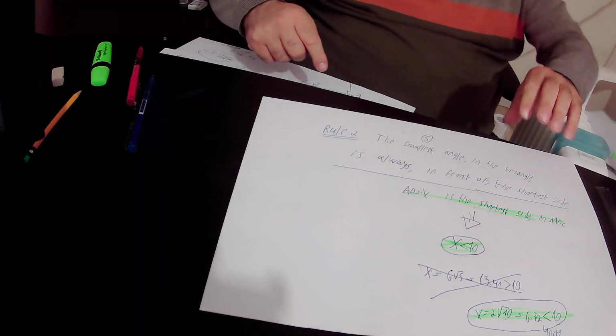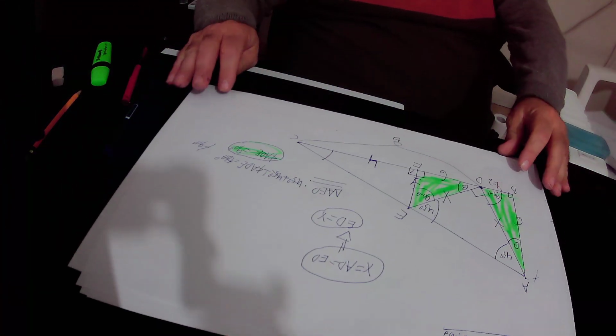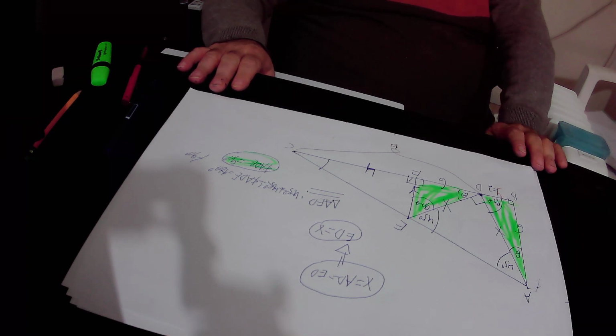If we finish with the first method, then I show you how to find the value of X according to the second method. In the second method, we made another construction.